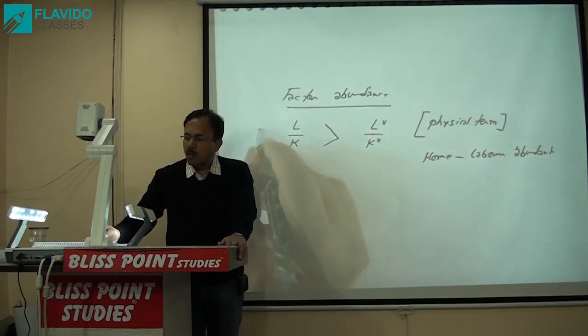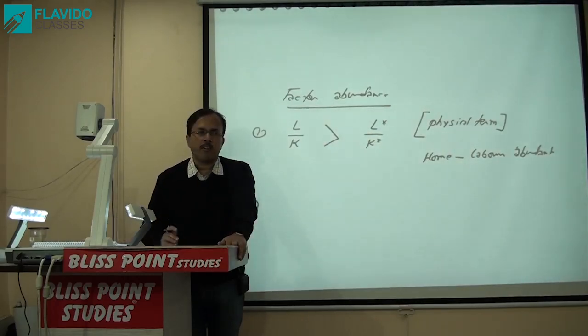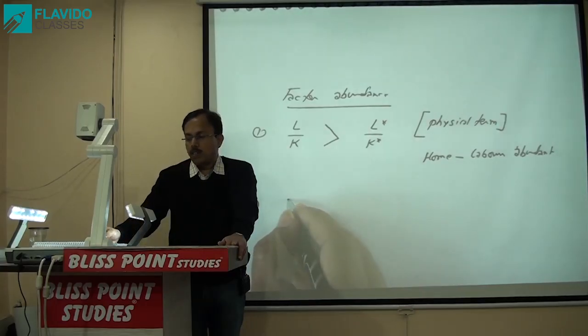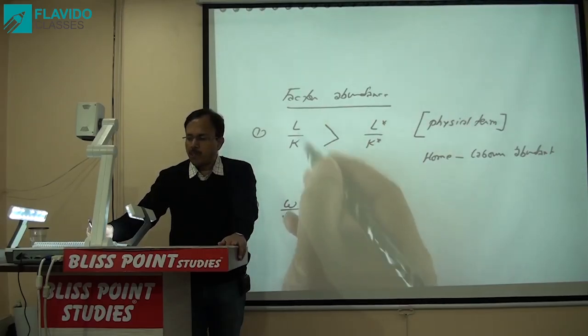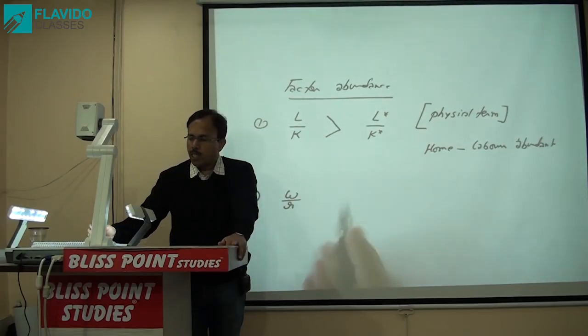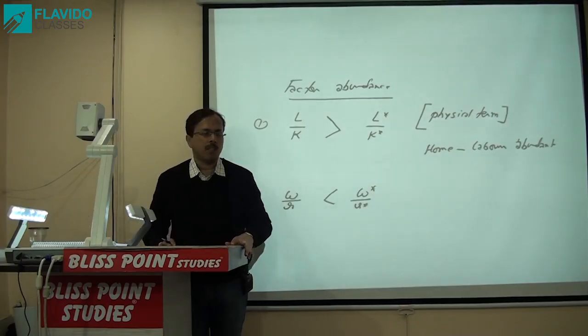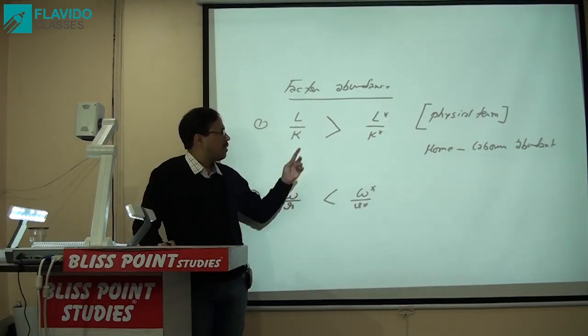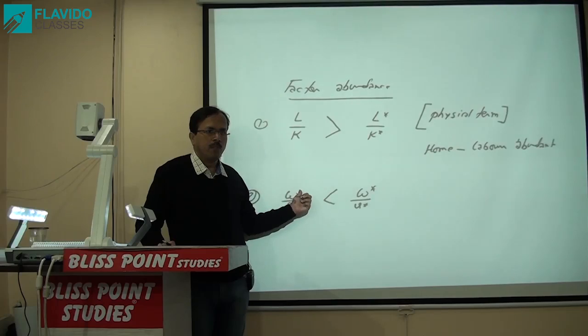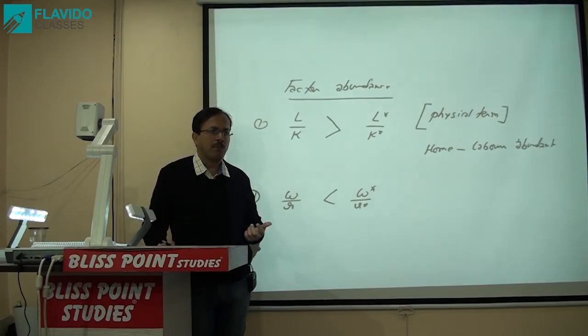But factor abundance has also been explained in an alternate form: factor price ratio. When I say wage upon rent, wage is the price of labor, rent is the price of capital. Wage upon rent is less in home and more in the foreign country. So what does that mean? The factor which is abundant must be cheaper. So if labor is cheaper, it means labor must be abundant.